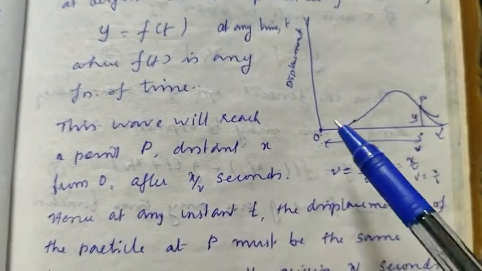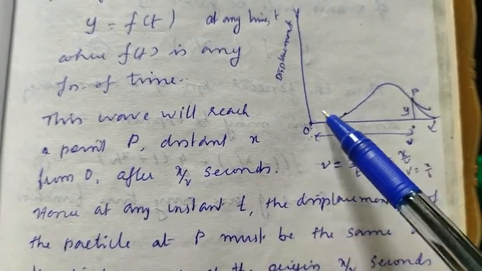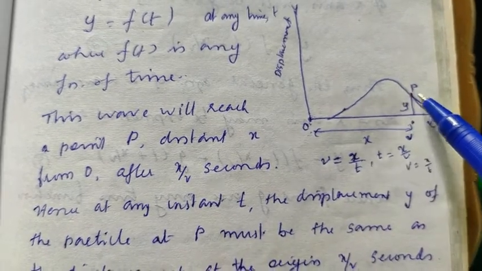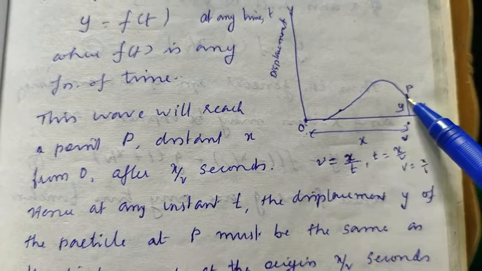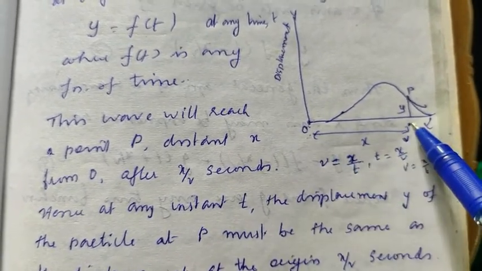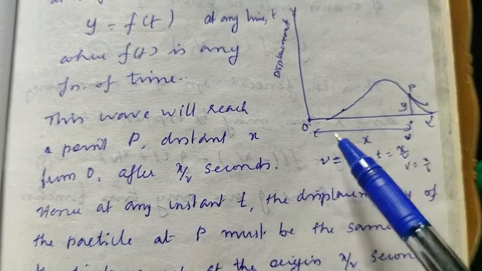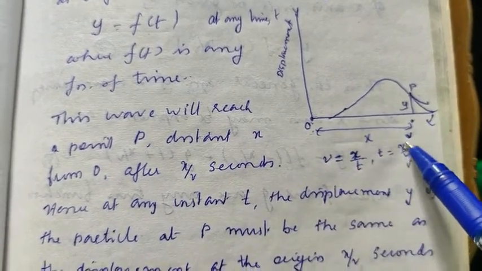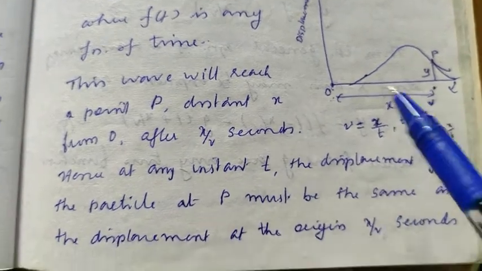So the wave started from the point O will reach any point P at a distance x from the origin. It is traveling with the speed v, so the time taken for this travel is x by v seconds.